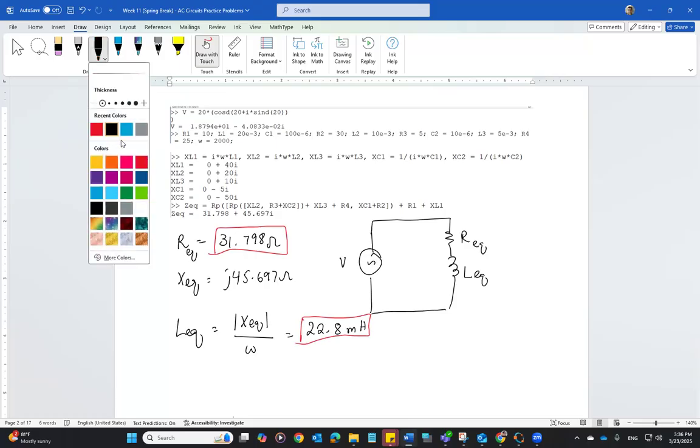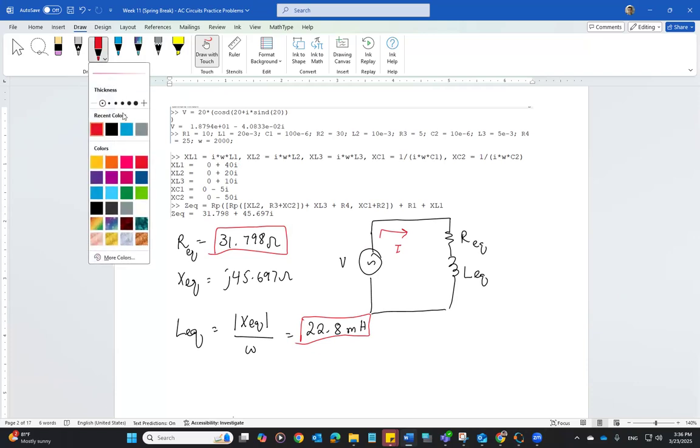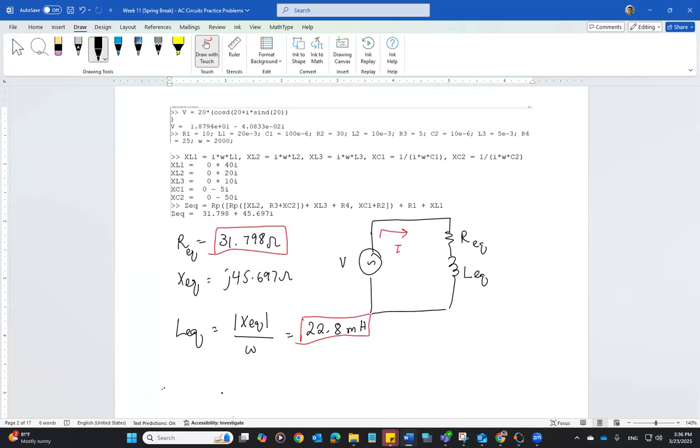And finally, the current. The value of the current, I, coming out of the source, simply Ohm's law. I(j omega) is equal to V(j omega) over Z equivalent.